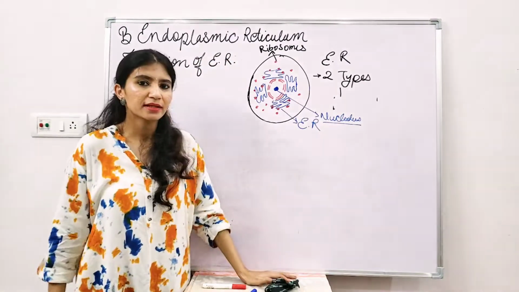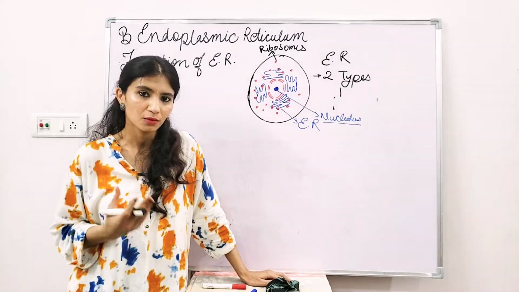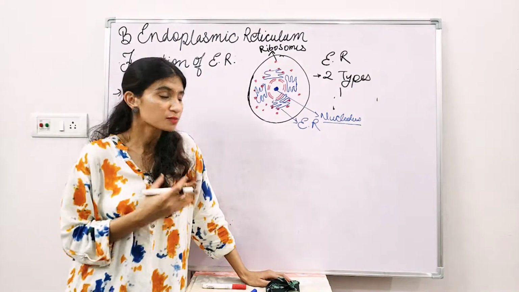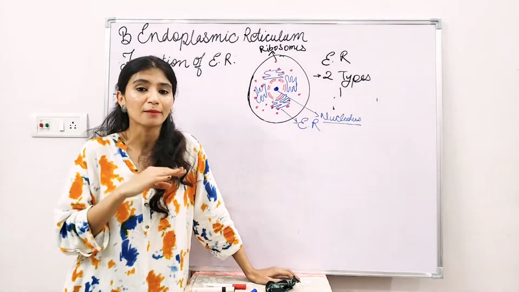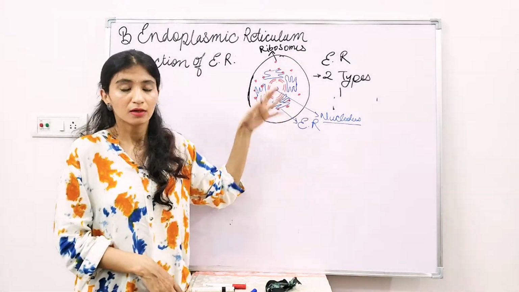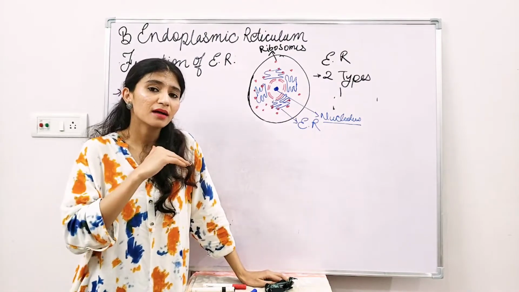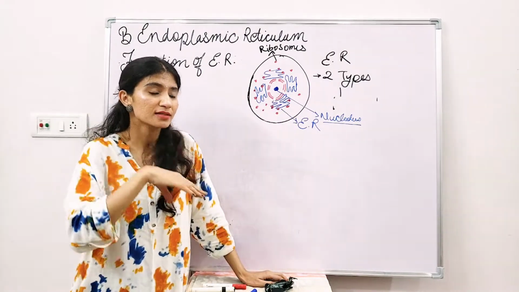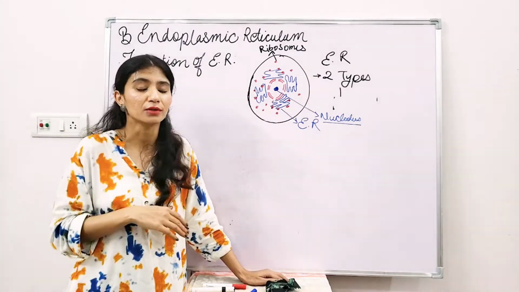What is the function of ER? ER is basically involved in the manufacturing of different materials, especially proteins, because proteins are the ones being manufactured, and these materials are dispatched to different places in the cell according to the requirement. Plus, these materials synthesized by the ER can also be transported into the cytoplasm or into the nucleus.